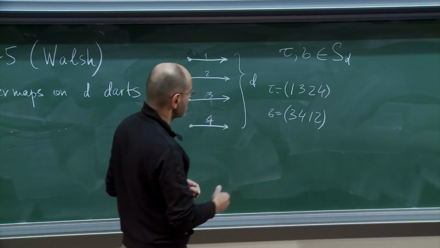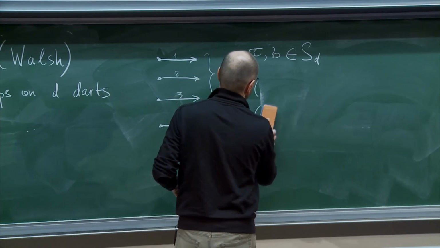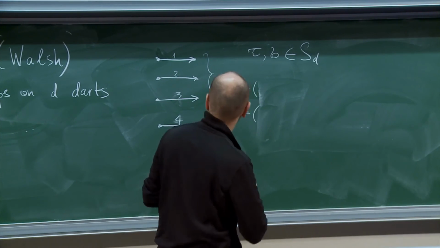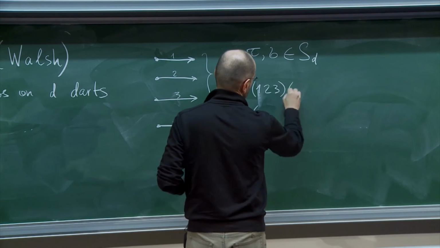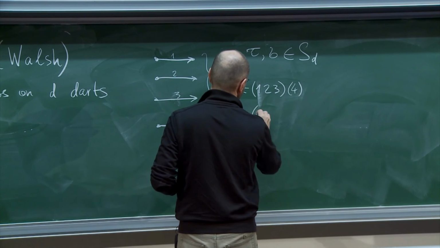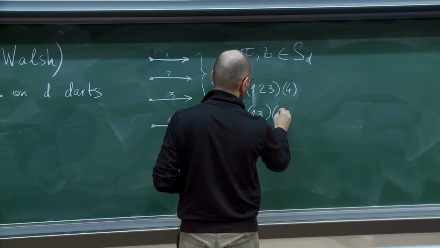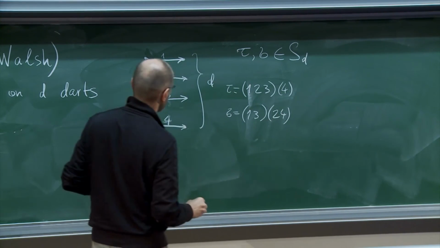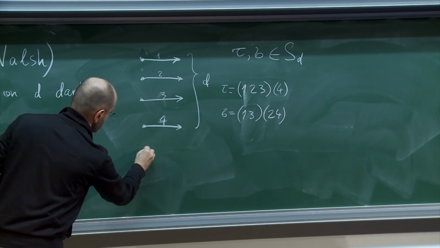So that was not good to write in this notation. Okay, so let's do that like this. So that's the product of two cycles, and that's the product of two cycles of length 2. Then these three are one vertex.